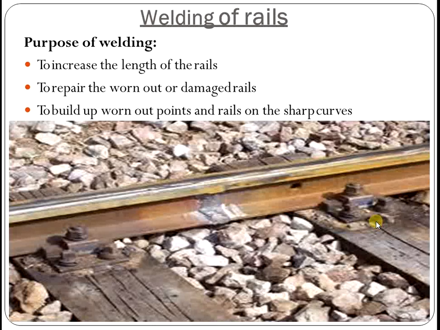Next one is the welding of the rails. We know that a welded connection is better than a bolted connection every time. The purpose of welding rails is to increase the length of the rails, to repair worn out or damaged rails, and to build up worn out points and rails on sharp curves.